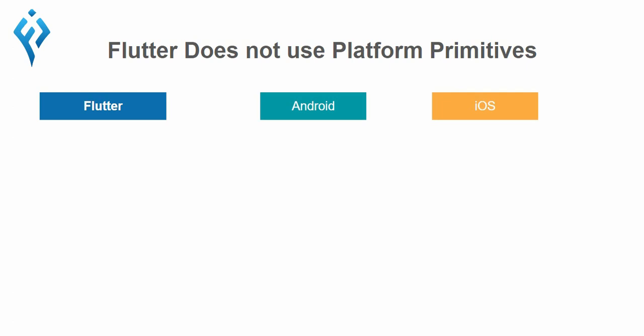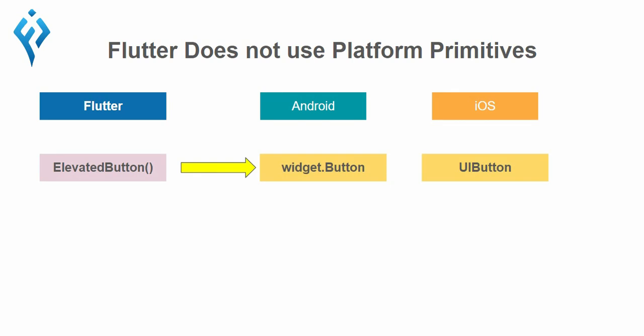Now if we want to add a button in the UI with a code approach, we can do this by adding the elevated button. Now as you may think, when the code gets compiled to native code, the elevated button is translated to the default UI button element in iOS development, and the widget button for Android, which are of course part of the native development environments.